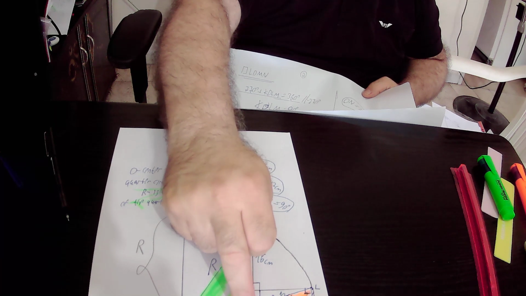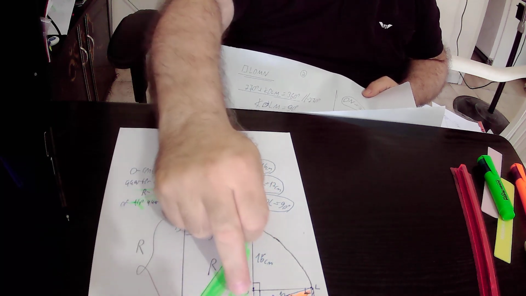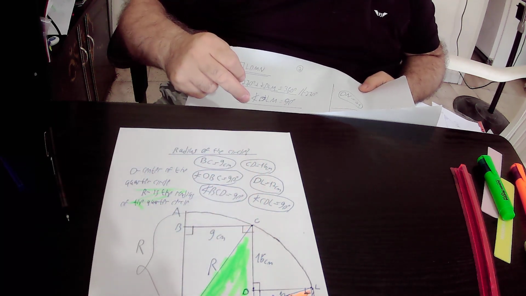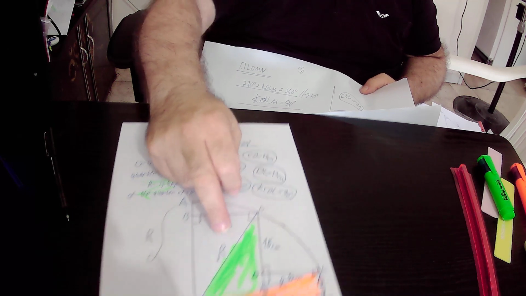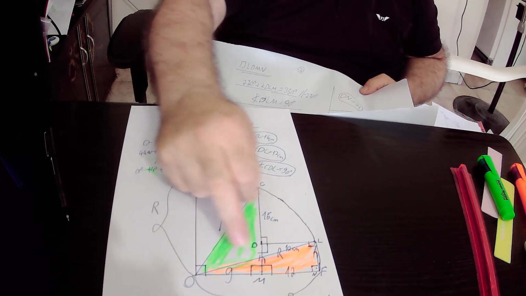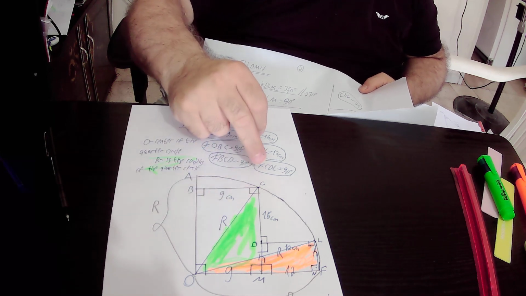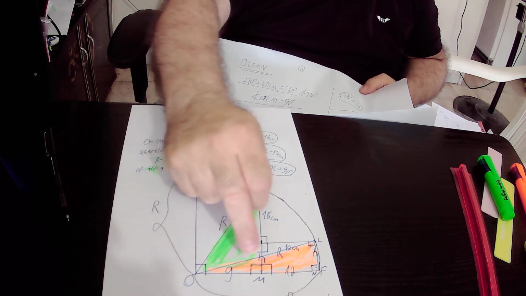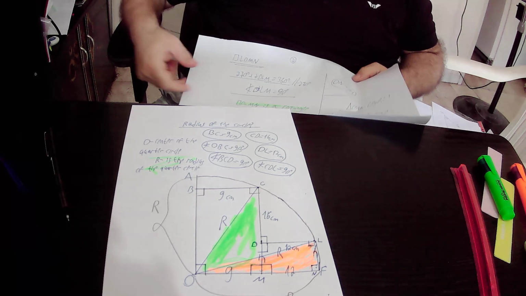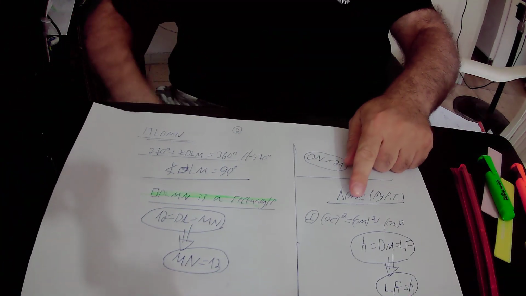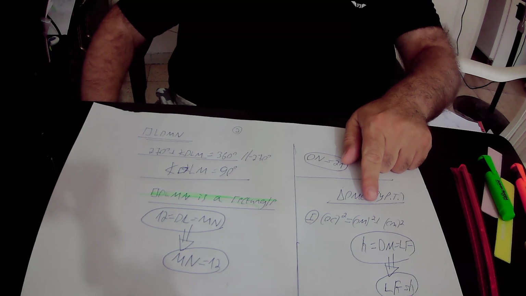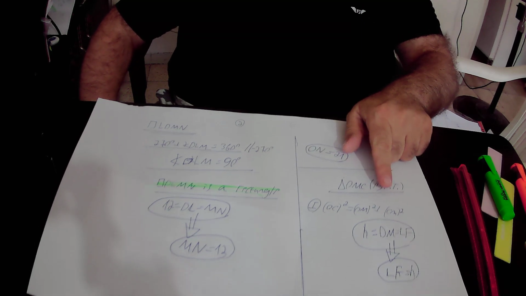This angle equals 90 degrees, therefore triangle COM is a right triangle. In the right triangle COM, according to the Pythagoras theorem, CO square equals OM square plus CM square. I repeat, in the right triangle COM, CO square equals OM square plus CM square.